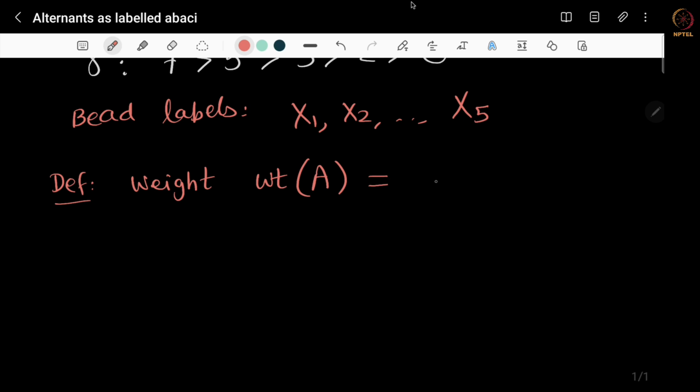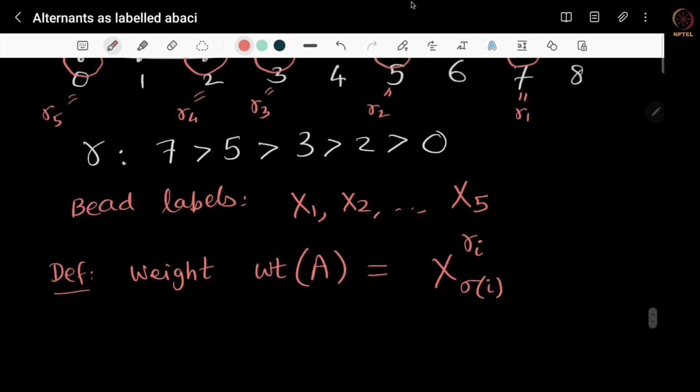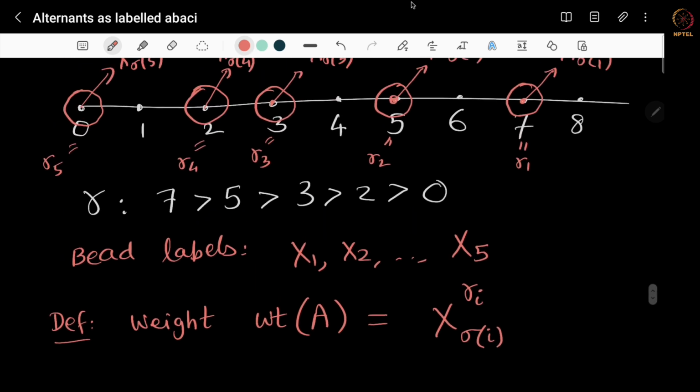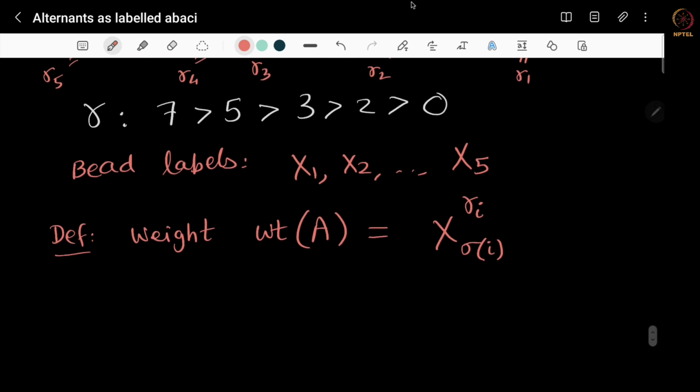Okay, now this is really the same piece of information as a single term in the expansion of the determinant. So let's make that more precise. Given a labeled abacus, we will define something called the weight and the sign. Definition: the weight, denoted WT of A. Let A be a labeled abacus. The weight of A is just defined to be the following.